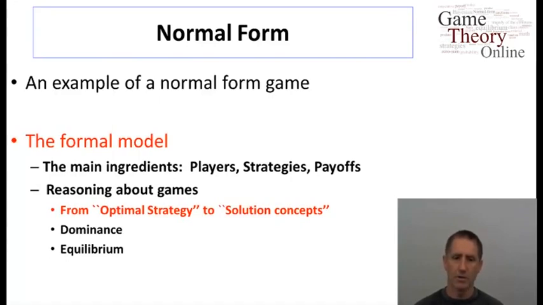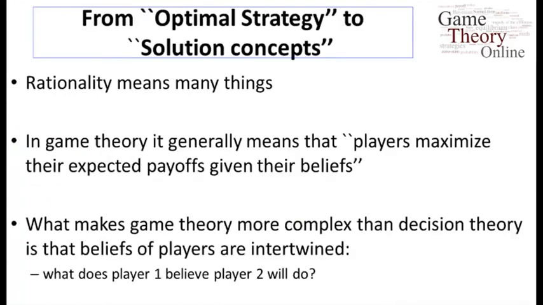A solution concept embodies a principle of rationality. So we're looking at rational players, and in game theory, rationality tends to mean maximizing expected utility. This is not unique to game theory. Decision theory, which can be viewed as single agent game theory, adopts the same perspective. The idea is that the agent has some assessment of how likely different situations are.